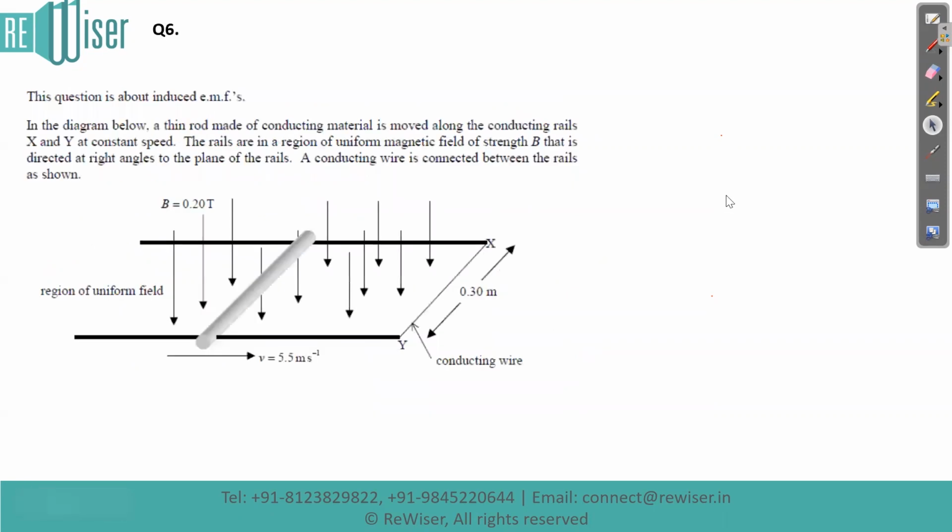First of all, force on electrons. Let us consider one electron here. Since it is an electron, a negatively charged particle, we will use our right hand. Right hand Fleming's rule will be used in order to find out the direction of the force.